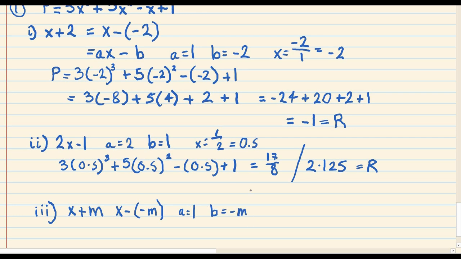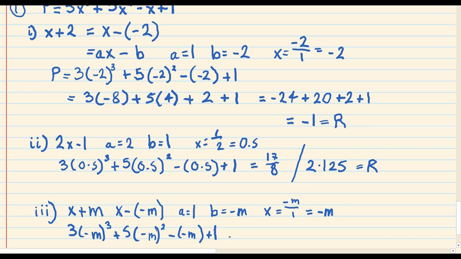Finally, the value of x is minus m over 1 or minus m, which again you just substitute into the expression for p. 3 times minus m cubed plus 5 times minus m squared minus m plus 1, which comes down to minus 3m cubed plus 5m squared plus m plus 1.